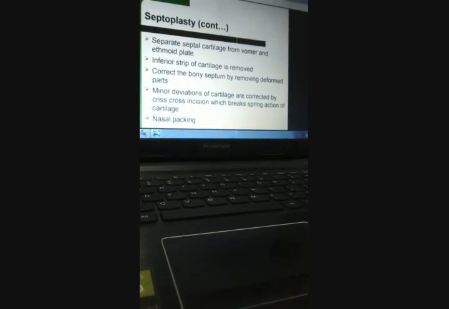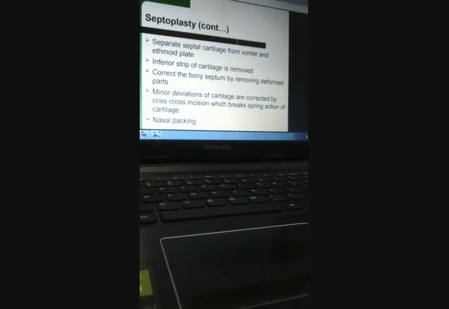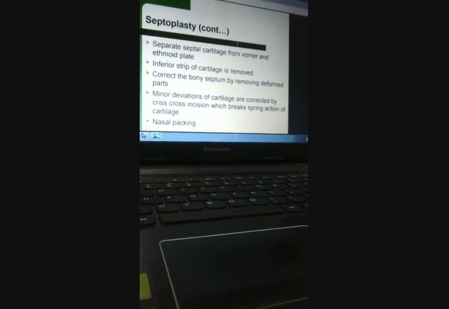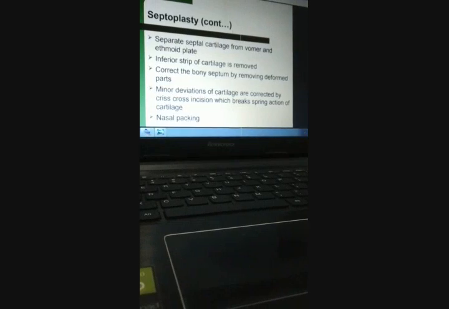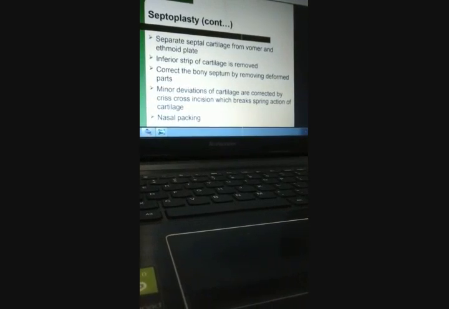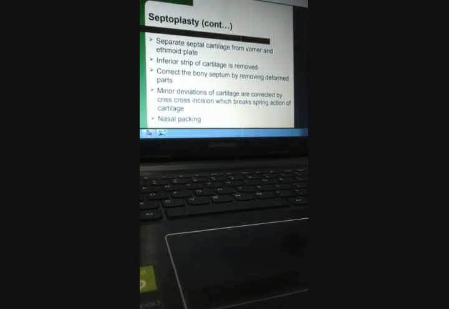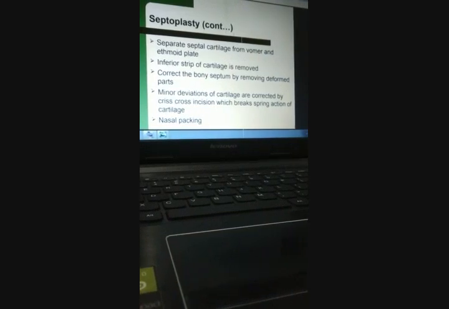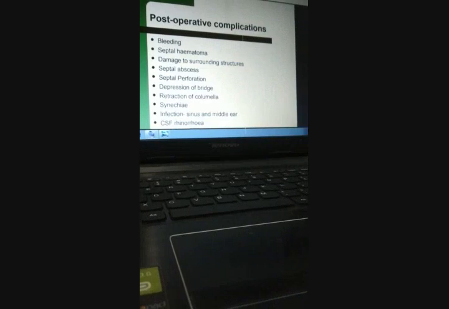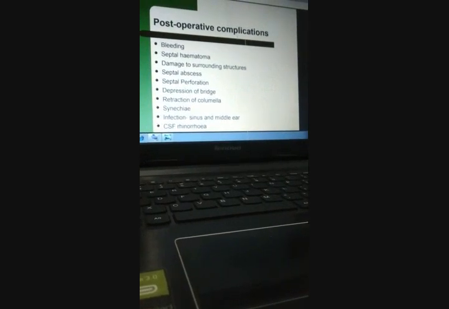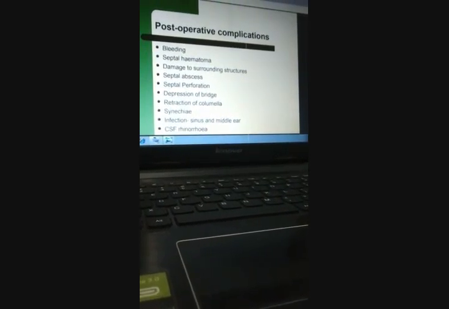Minor deviations of cartilage are corrected by crisscross incision, which breaks spring action of the cartilage. Finally, the flap is reposed, and nasal packing is done in both the nasal cavities.